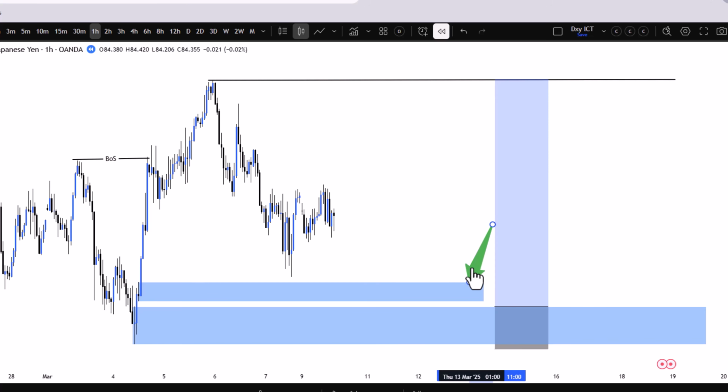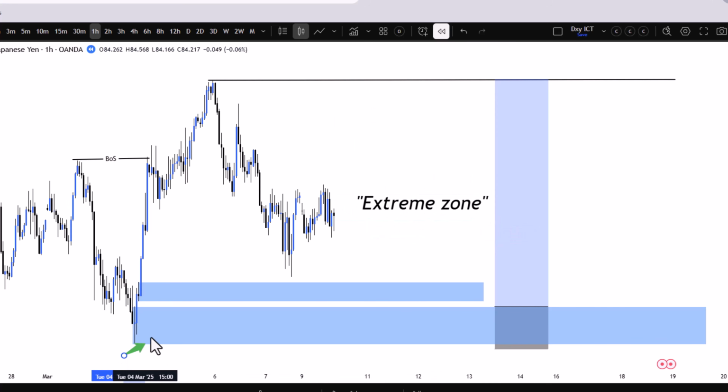The simple way to approach this is to place your order on what we call the extreme zone, okay? Now, the extreme zone is going to be the furthest zone from price in the leg of price movement. So our leg of price movement is from this low to this high, okay? This is the bullish push.